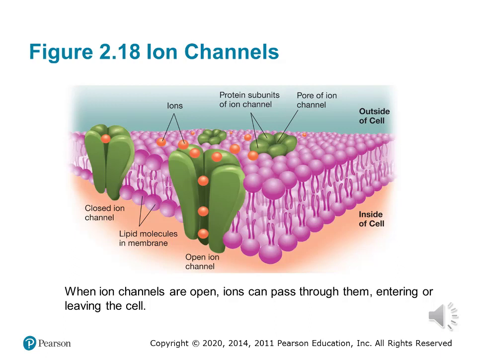What this means is that unless you're fat soluble like a steroid, which we'll talk about later on in this lecture, you are not going to get into the cell unless you get in through one of these ion channels.